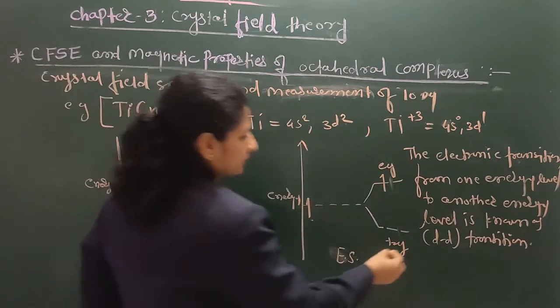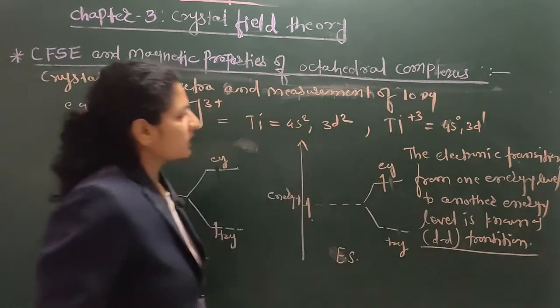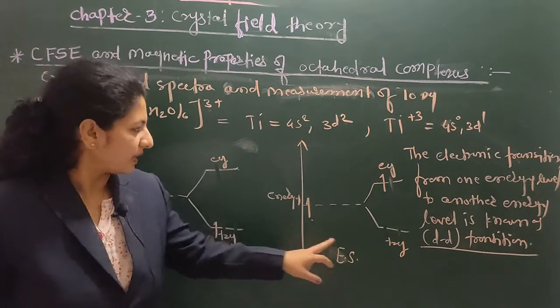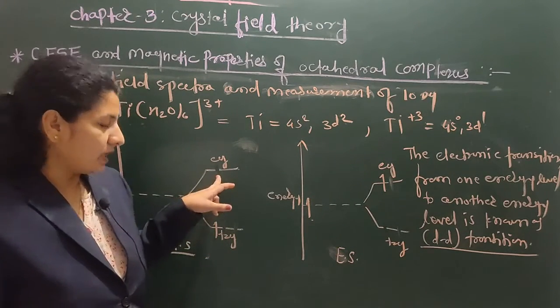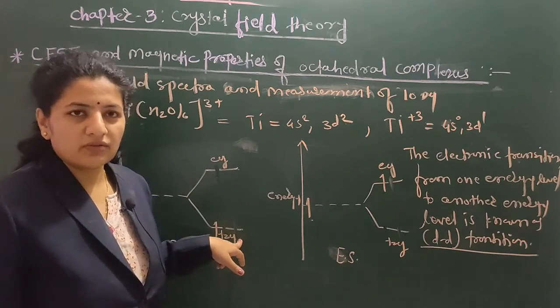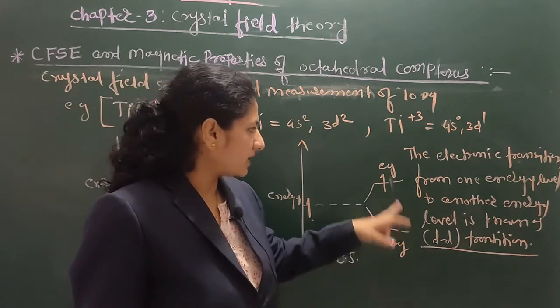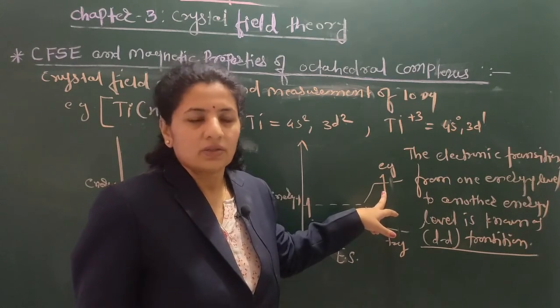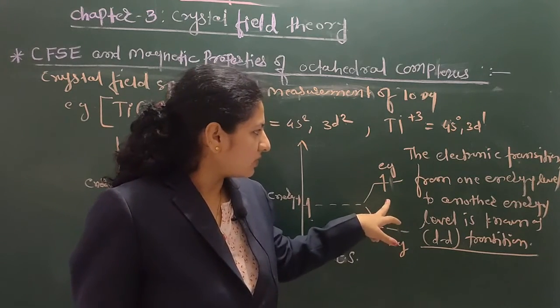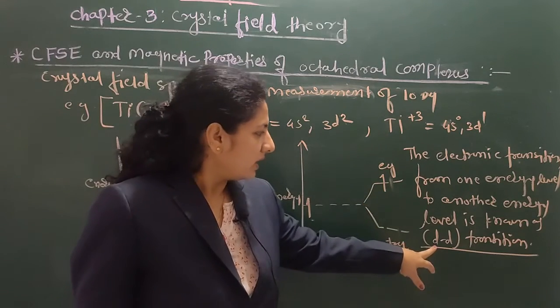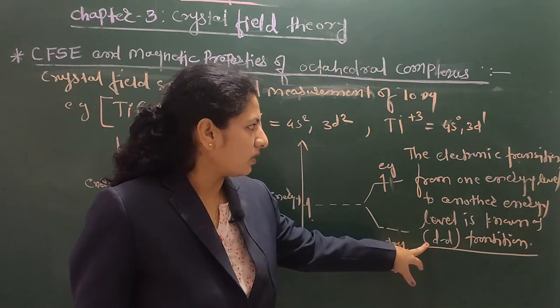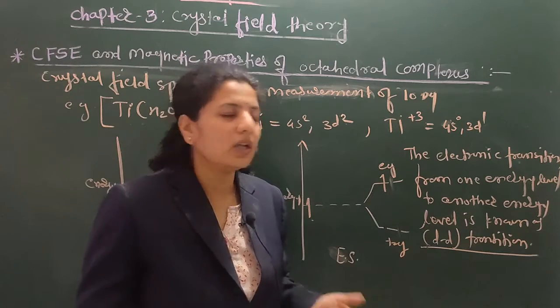So this is a d-d transition spectrum in which one electron gets excited from T2g to Eg. This is a transition from the ground state t2g1 to the excited state eg1. So that is a d-d transition, the electronic transition from one energy level to another in the d orbital.